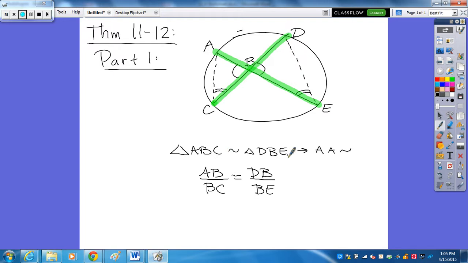Again, BC and BE correspond to each other. Your textbook actually takes it a step further and shows the next part of the equation, which I think is easier to understand. If we cross multiply here, we get AB times BE will equal BC times DB.